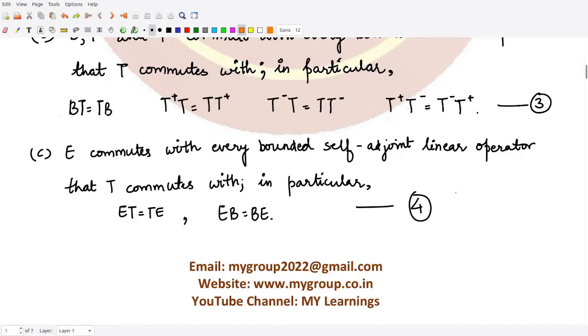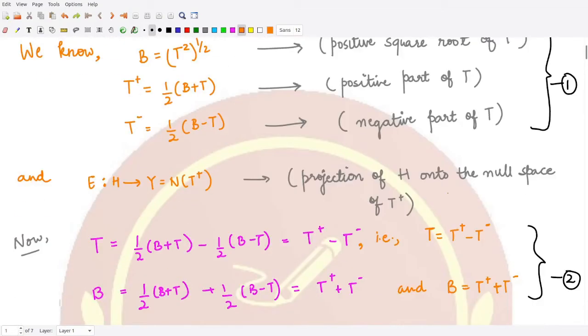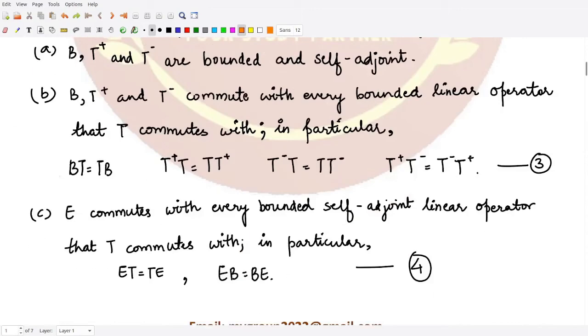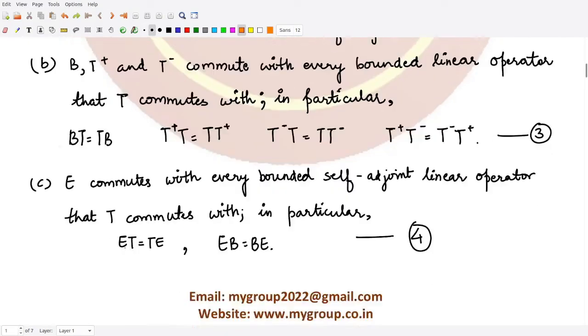And if you remember, what was your E? E was a projection of the given Hilbert space onto the null space of the operator T positive. So basically this image space was nothing but the null space of this T positive, right? So this was the projection operator that we were dealing with. Now we wanted to prove the commutativity of this operator E with whatever operator commutes with T, right?